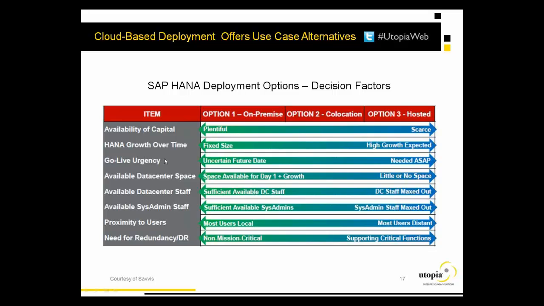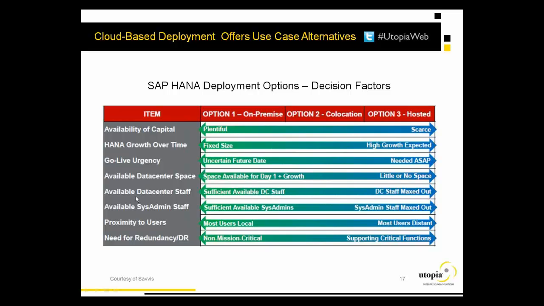For the wholesale IT supplier, they went the hosted route because of go-live urgency. They just could not get a firm, fixed commitment out of their own IT organization for deploying HANA on site. So they had a very uncertain future date, and they needed to deploy this new solution ASAP.